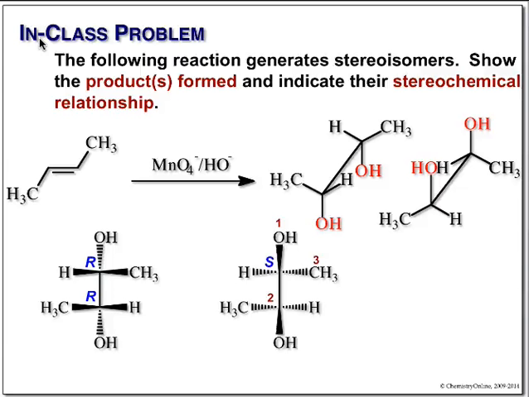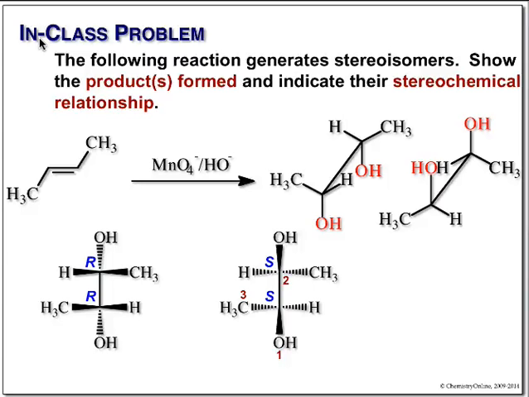Our bottom carbon, hydroxyl group is number 1, secondary is number 2, methyl number 3. This is counterclockwise, our hydrogen is back, and this is also S. So, what is the stereochemical relationship between our two products?